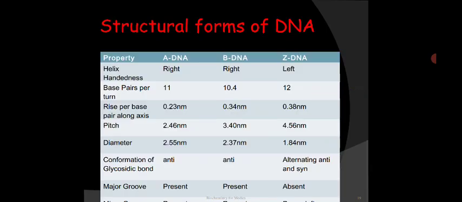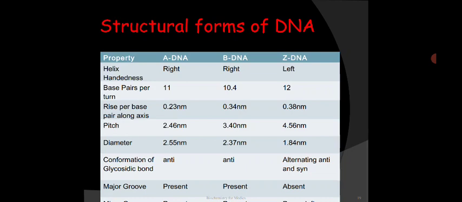Then the last topic is the structural forms of DNA. In RNA there are types of RNA like messenger RNA, ribosomal RNA, and transfer RNA.